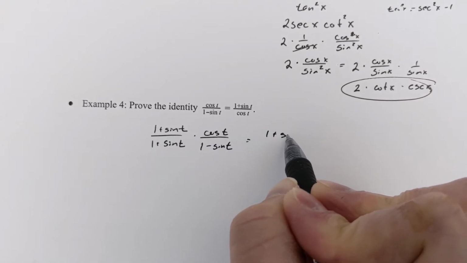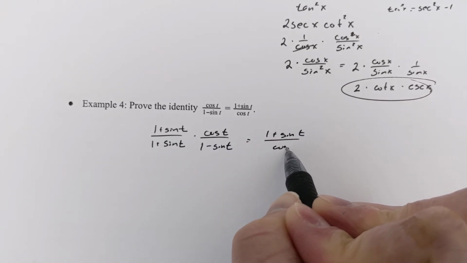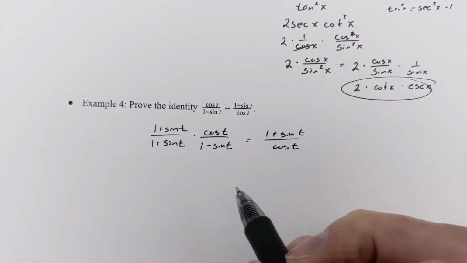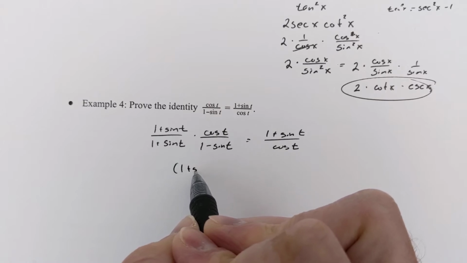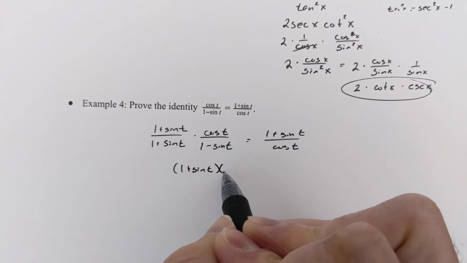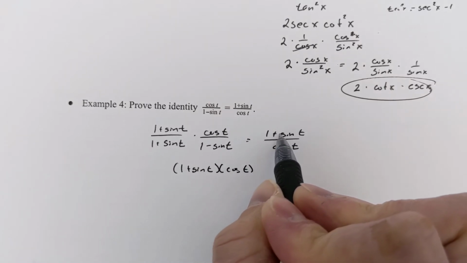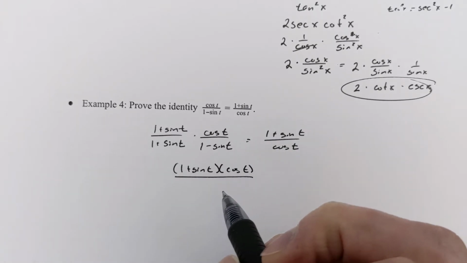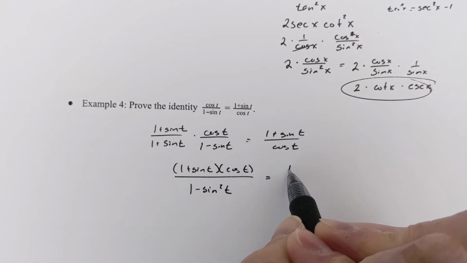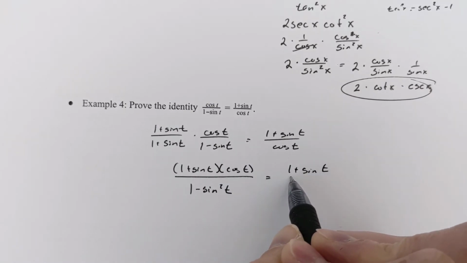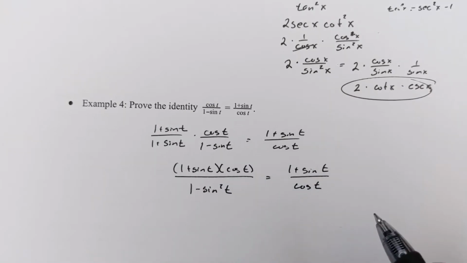And over here, we're leaving this side alone for now. So on the top, I just have 1 plus sine t times cosine t. If you notice, there's my 1 plus sine t. On the bottom, I have 1 minus sine squared. Now, 1 minus sine squared is a version of one of the Pythagorean identities.